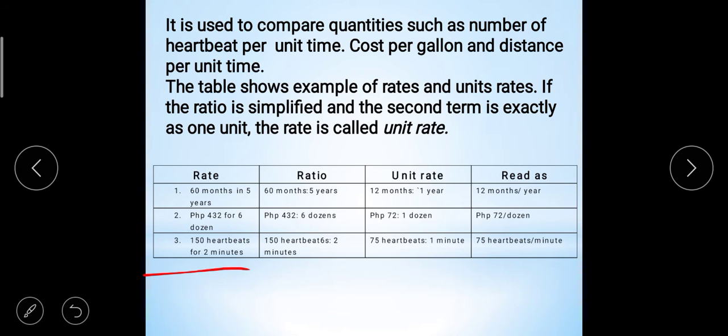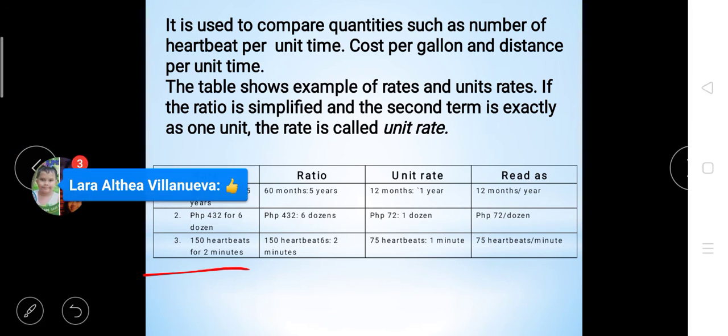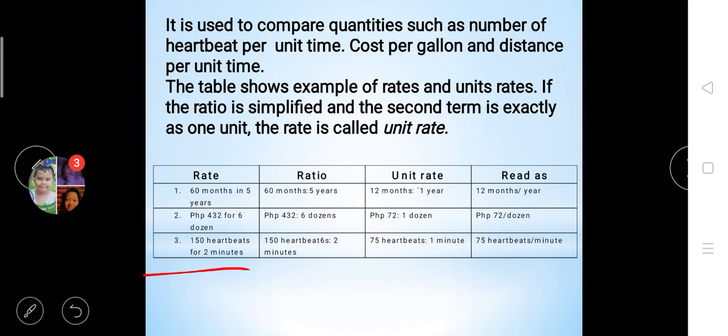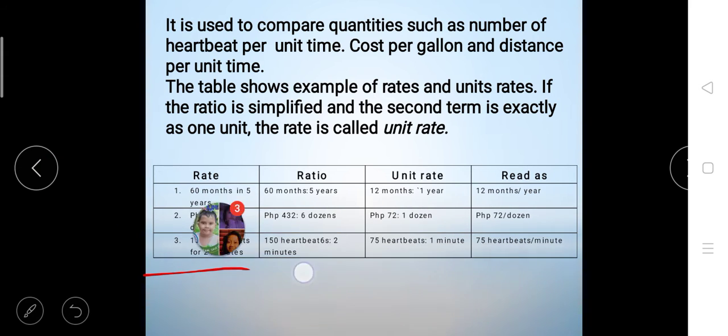Jeric? Si Jeric ba yun? What is your answer, Jeric? 75, yes. 75 yung naging sagot natin.